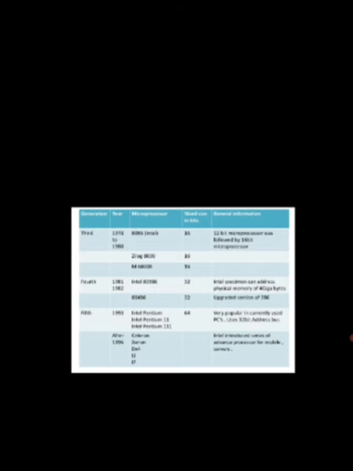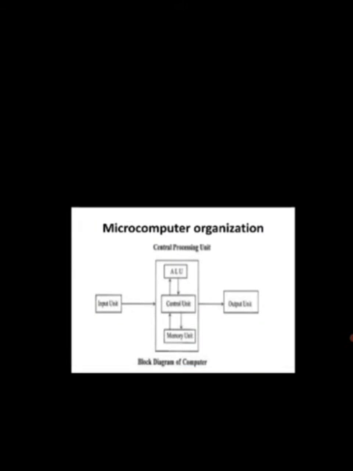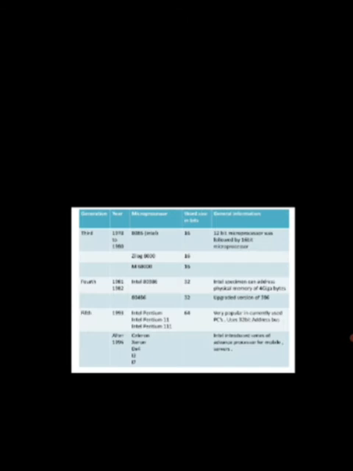And next was the fourth generation. It was a 32-bit microprocessor, developed between the years 1981 to 1982. It was Intel's 80386 and 80486.